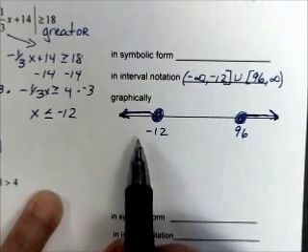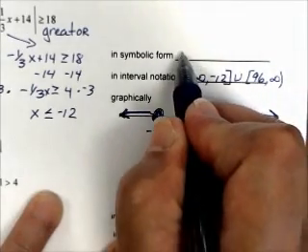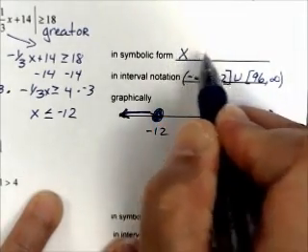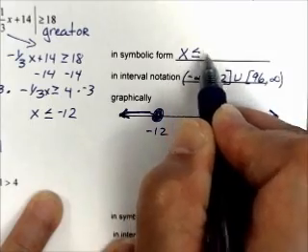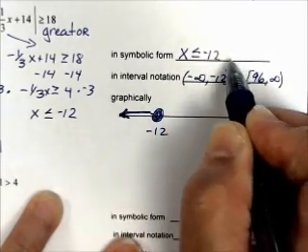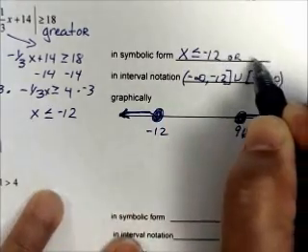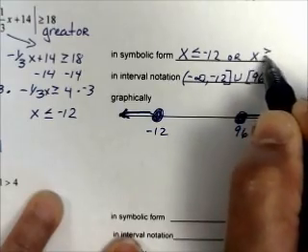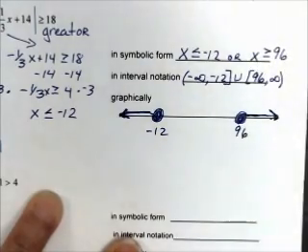And in symbolic form, this is all x that are less than or equal to negative 12, or x is greater than or equal to 96.